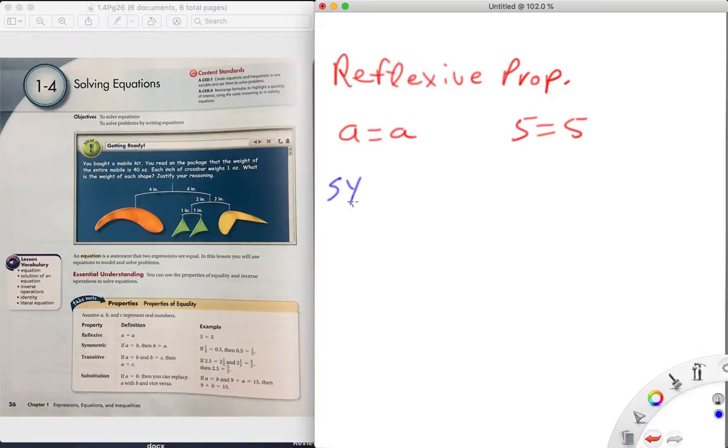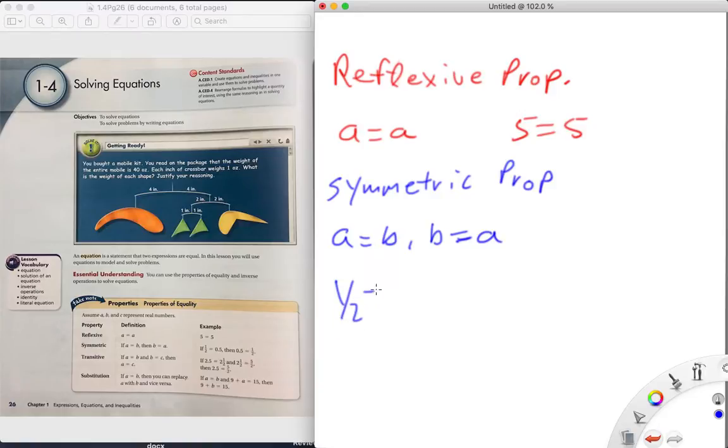And the symmetric property, actually that's more like looking into a mirror, to be honest with you. The symmetric property says that if A equals B, then B equals A. If A equals B, then B equals A. So if I have, the book uses 1/2.